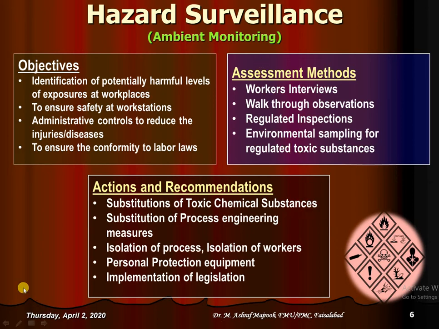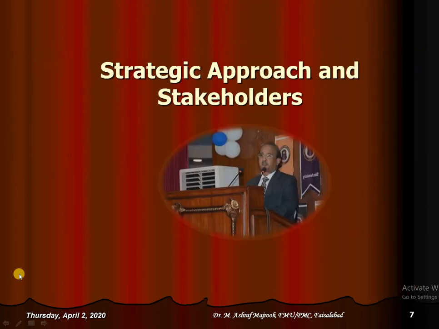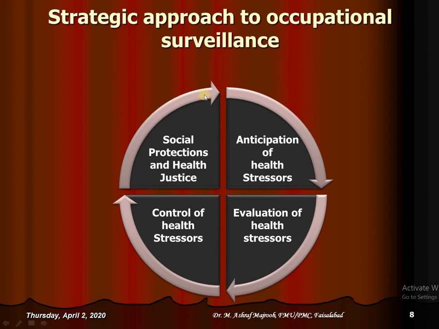Now we will move forward to the strategic approach and the stakeholders for the surveillance. The strategic approach consists of 4 steps. At the first step, there is anticipation of the health stressors, and in the second step, we evaluate the health stressors.